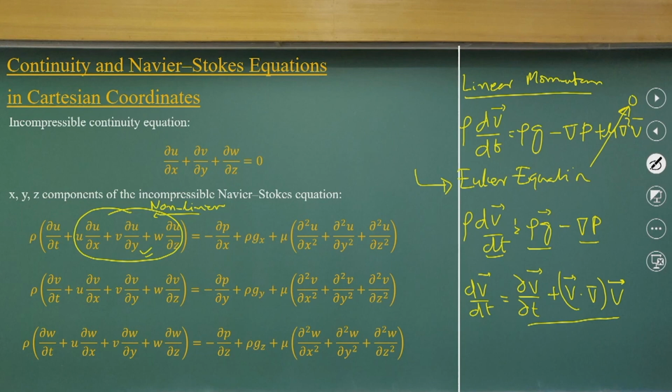Now, if you look at these equations, there are nonlinear terms, and there is a partial derivative with respect to time. These terms will be 0 where you have a steady flow. So if I have a steady flow, these components become 0. We are just looking at how we can handle this component.